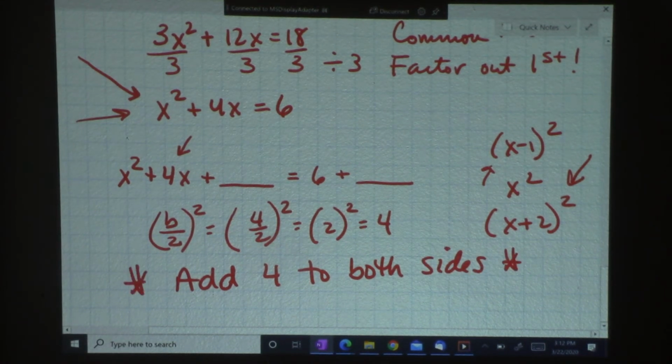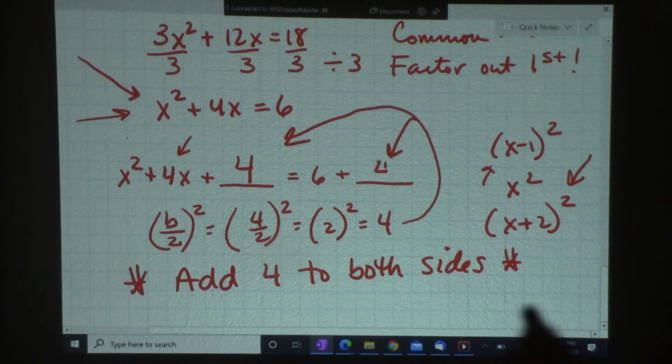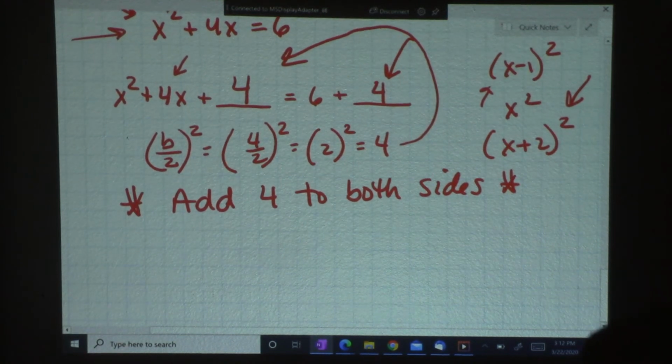Okay? So I'm going to put 4 here. Remember, I can do anything I want to both sides of the equation. Anything I want. I want to multiply, subtract, add. As long as I do it to both sides, it's legal. It's just like if you had a scale.